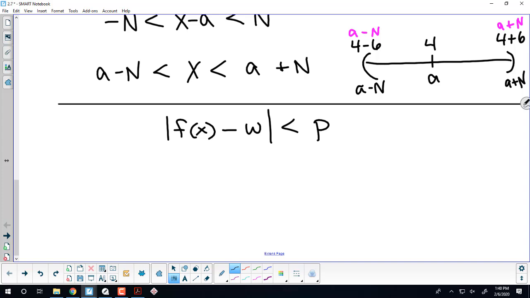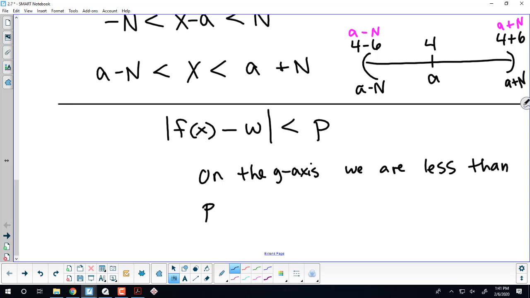Does that make sense? On the y-axis, we are less than p units from w.